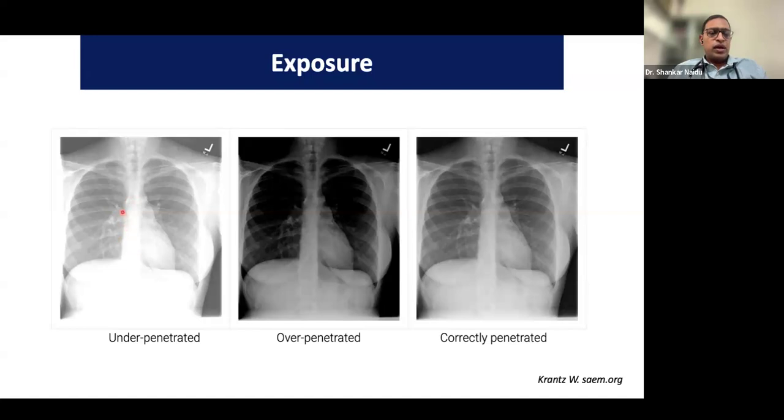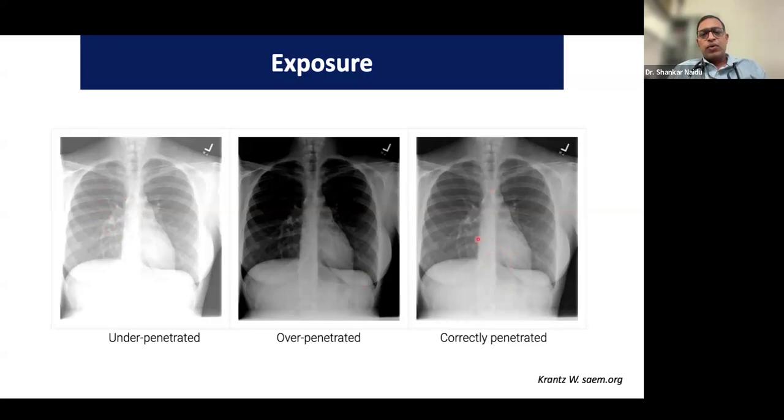So when there is an underexposed film, then you will not be able to again identify the various structures because the X-ray photons do not have the energy to traverse all the layers of the body cavity. So some structures might not actually appear on the X-ray film. So this is how an ideally exposed film should look like.